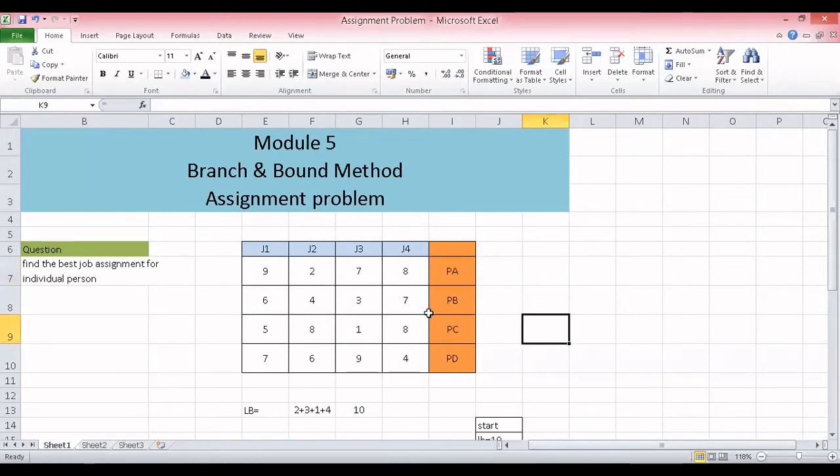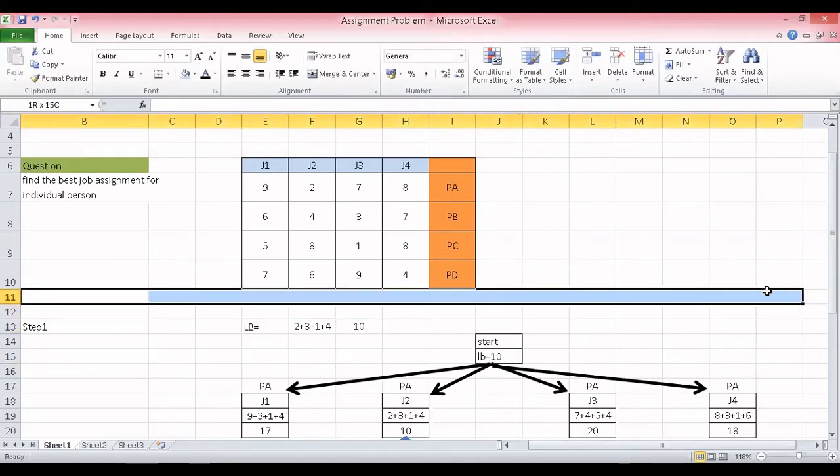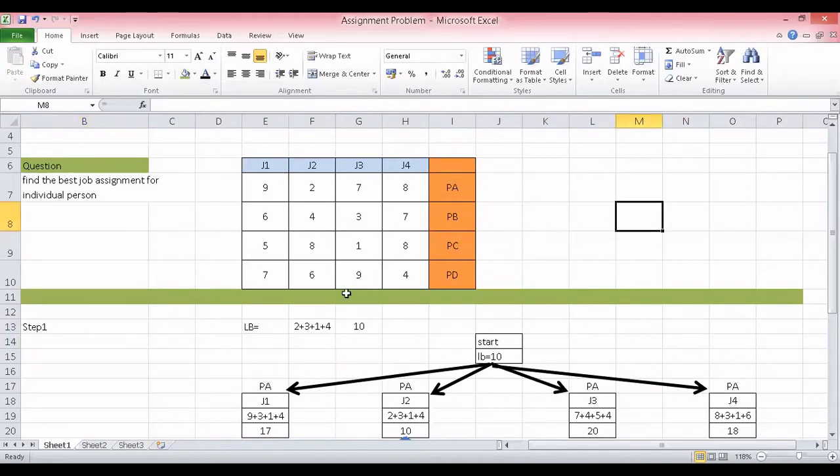So how to find that? Step 1, we are starting the problem. From here, whatever I do is the solution.